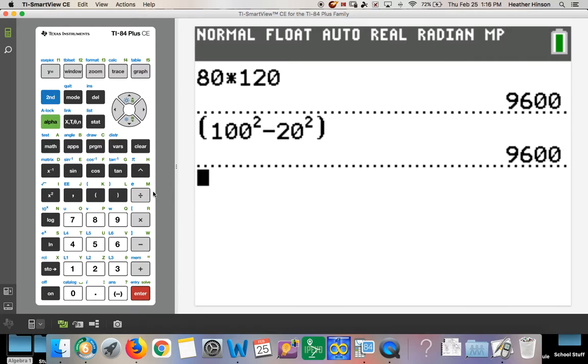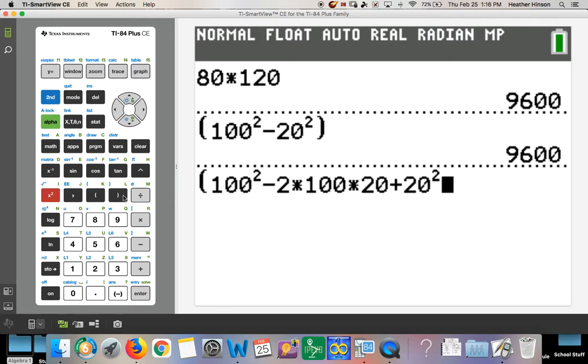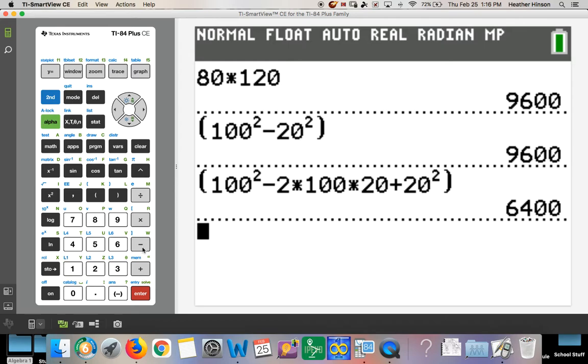You can also check the rest if you're not sure. B is 100 squared minus 2 times 100 times 20 plus 20 squared. That one's 6,400, so that's not right.